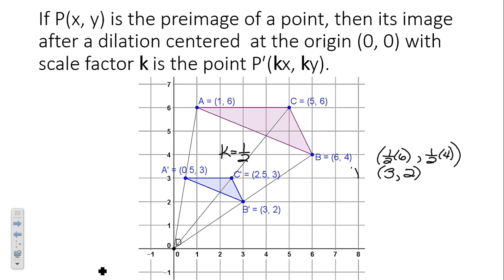So B prime, my new image, should be 3, 2. And it is. A was 1, 6. So if I take 1/2 of 1, that's 0.5, and 1/2 of 6, that's 3, I should get A prime. And notice we're at 0.5, 3.